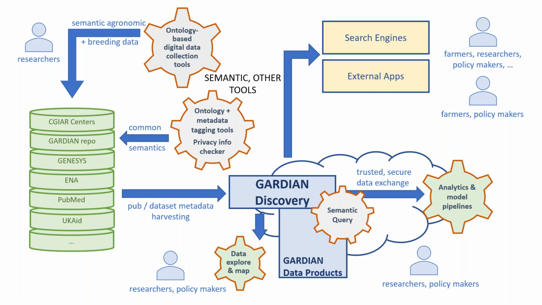In addition to that, we also have a whole bunch of tools that are based on ontologies and controlled vocabularies that allow data collection. So these are semantically enabled agronomic and breeding data collection tools to give you data that's already collected in a standardized, harmonized way that conforms to these standards, that conforms to ontologies and controlled vocabularies.